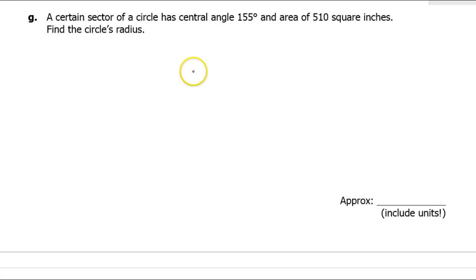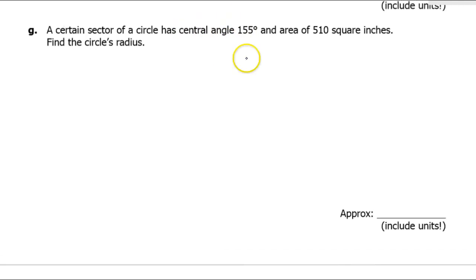Let's do one more problem. A certain sector of a circle has a central angle of 155. That's theta right there. And the area is this. Find the radius. So we're given sector area, so let's start by writing down the formula for sector area.